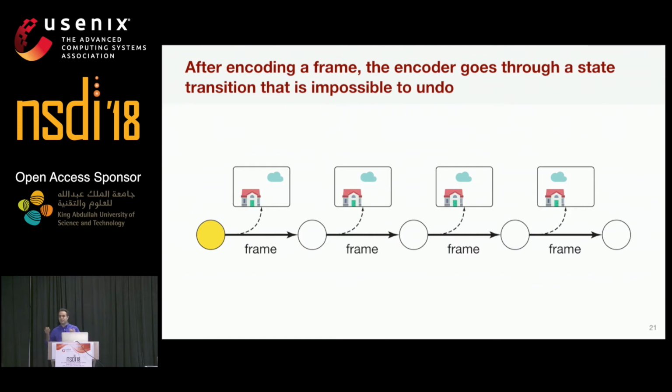So it doesn't matter if you have ordered 20 sizes. As soon as you try on the first one, you have to commit to that forever. When the encoder encodes the frame, you have to commit to that frame. That frame is now a part of the video stream. You've got to send it over the network, it has to be received on the receiver side, and the future frames are going to be dependent on that.